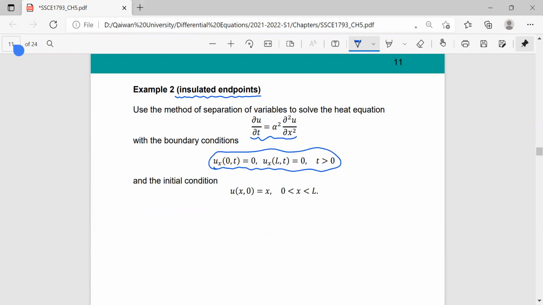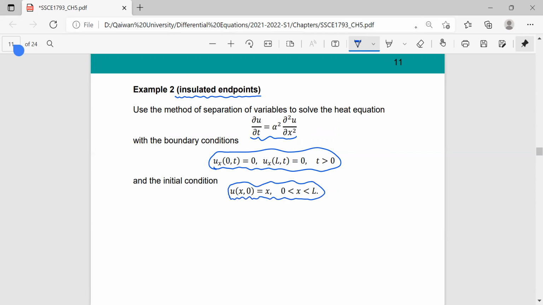As you see, the boundary conditions are u sub x of 0 and t, which is 0, and u sub x of L and t is 0. Here, these are the insulated endpoints. The initial condition is u of x,0 is x.